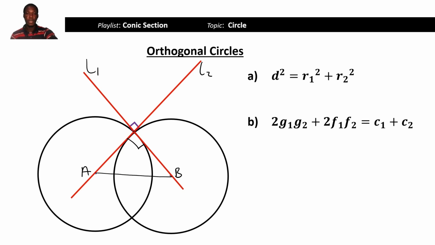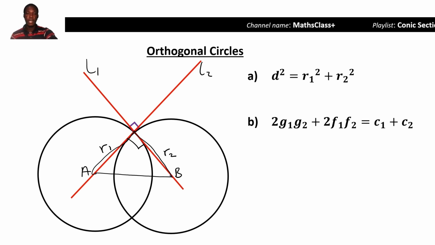Each of the other sides is a radius. So if I label this as R1 and this as R2, then there is a condition that it satisfies here.